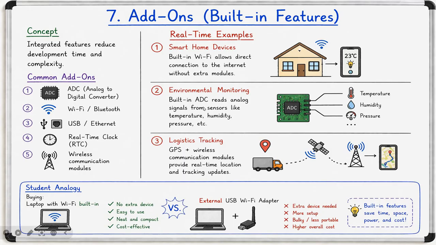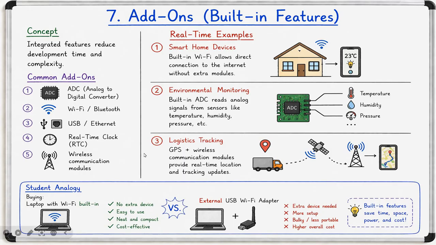Some common add-ons are the A to D, that is analog to digital converter, which converts analog signals like temperature or light into digital data, and this allows the processor to understand and process real world signals. Then you have Wi-Fi or Bluetooth, which enable wireless communication between devices and the internet, and they are essential for remote monitoring and control.